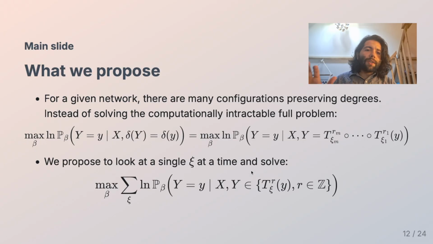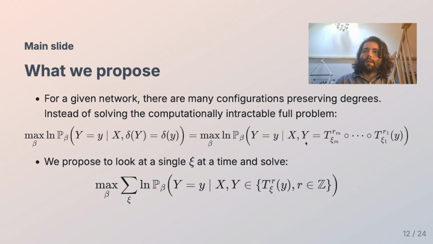So what we propose here is first to observe that this characterization lets us understand this set here. So the set of all networks y that have the same degree as some small y here is just that.